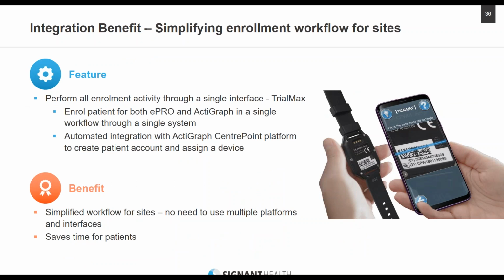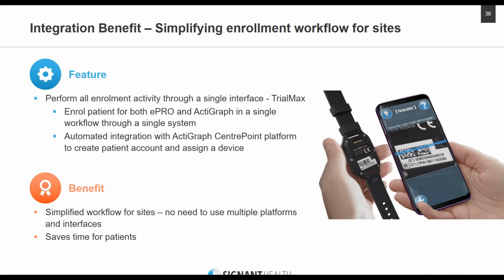So here we just cover some of the key benefits of the integration. So as a feature, we perform all enrollment activity through a single interface, and that's TrialMax. We enroll patients for both ePro and Actigraph in one single workflow and through one single system. And we have an automated integration with Actigraph's endpoint platform, which allows the creation of patients and assigning of devices.